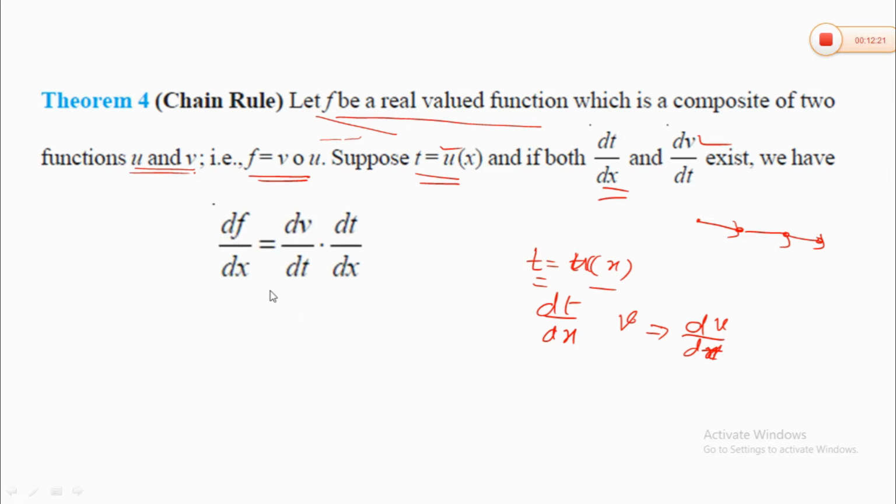Therefore, the derivative of f with respect to x, df by dx, is given by dv by dt, and since t is a function of x, into dt by dx. That is the derivative if the function is a composition of two functions.